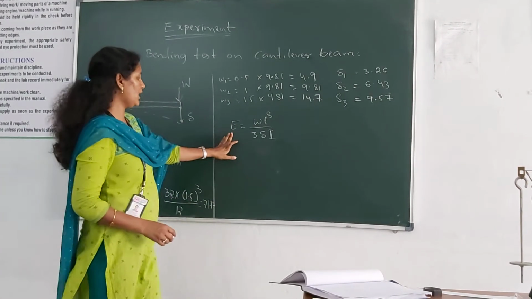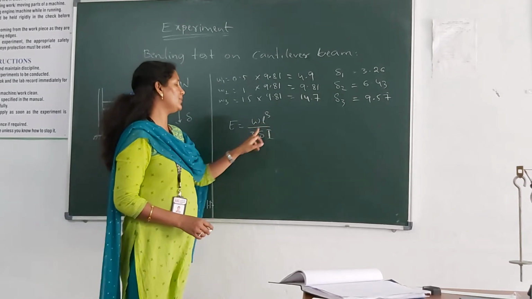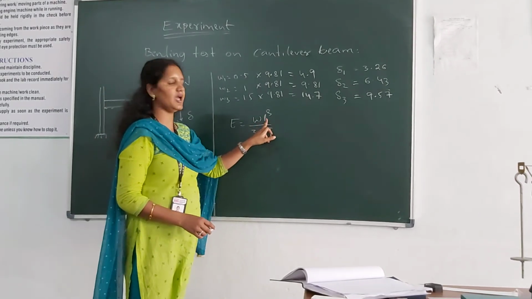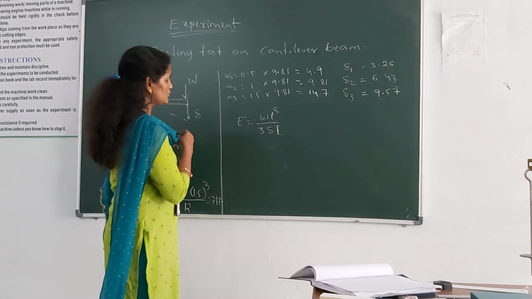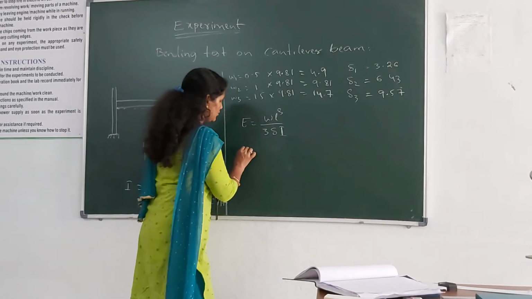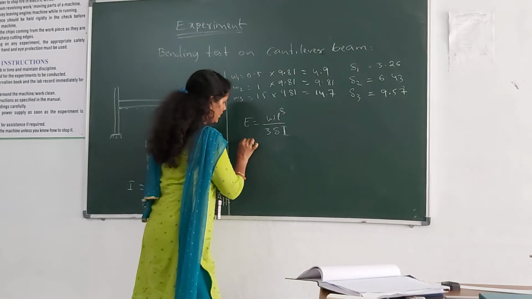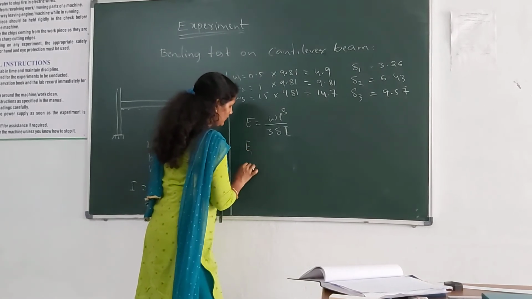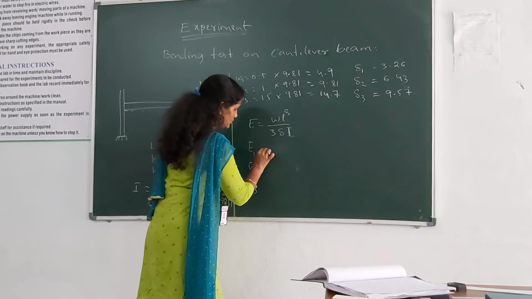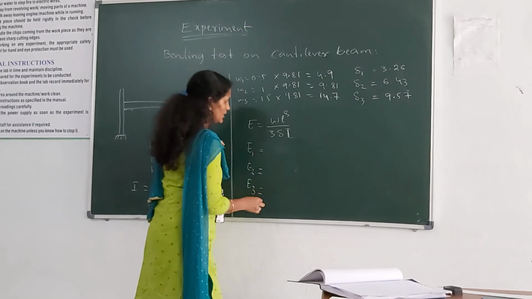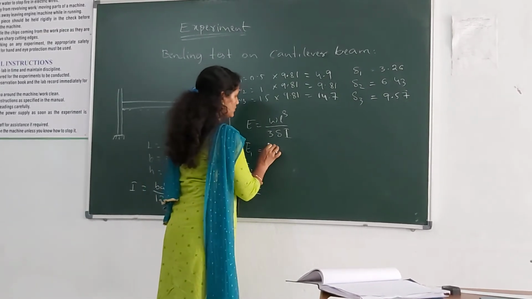Now we have to substitute these L, B, W, L and delta, I values so that we will get different Young's modulus for the different loads. So we will take E1, E2, E3. For E1 we take delta 1, for E2 we take delta 2.